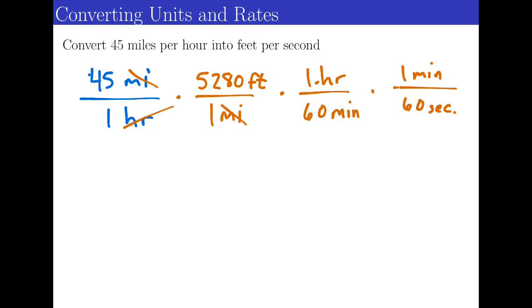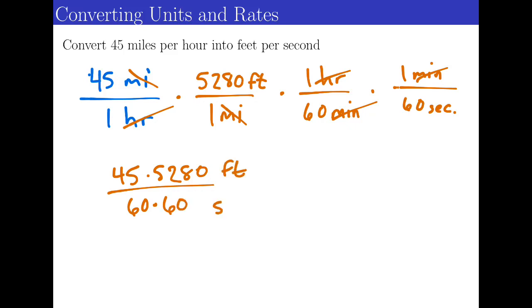All right, so then our hours cancel out there, our minutes cancel out, and when we multiply across the top, so 45 times 5,280 times 1, and on the bottom we have 60 times 60, and that's going to be feet per second. When we multiply that out, we get 66 feet per second.